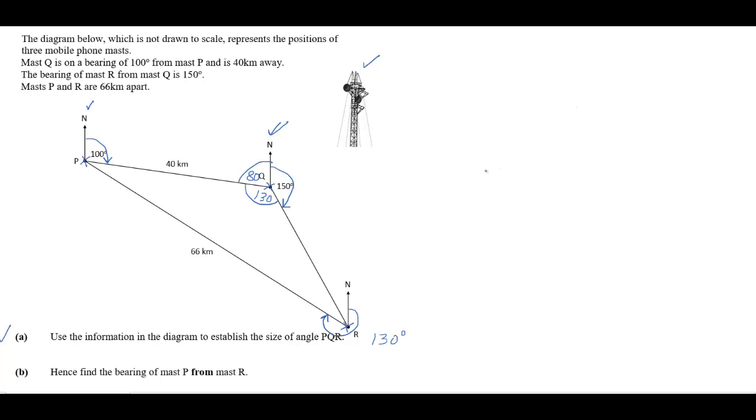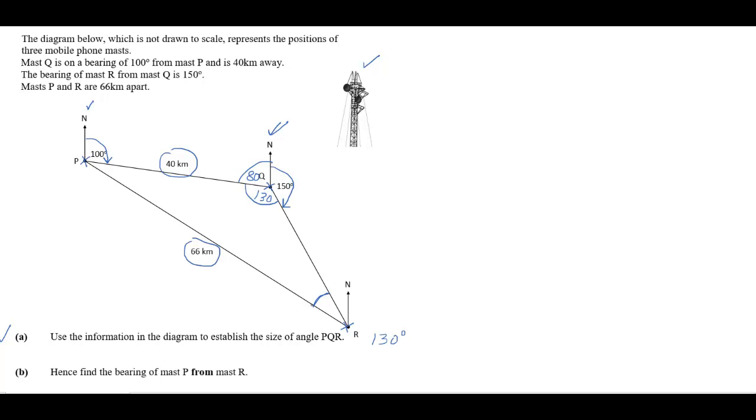So let's see how to find this angle. In this question, this information is already given here. The length is 40 here, and this length is 66. So we will utilize this information as well. It is better to find this angle first.